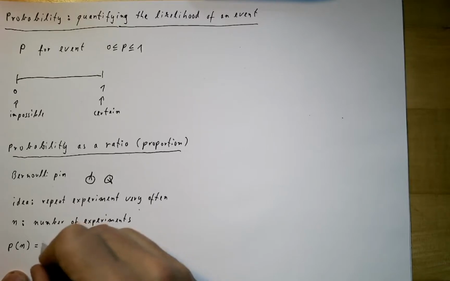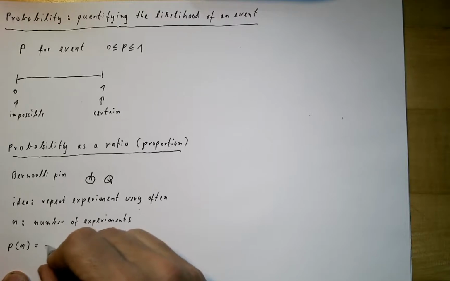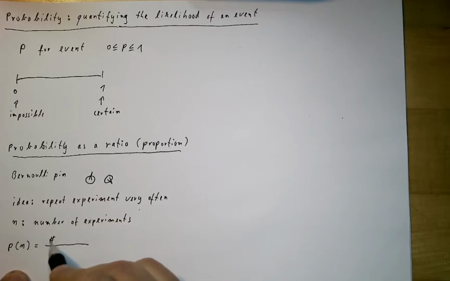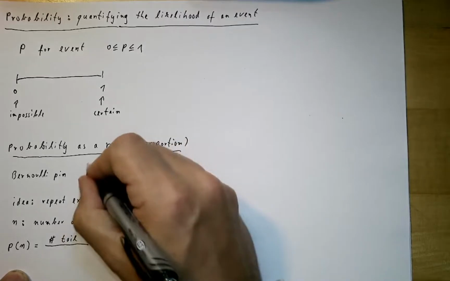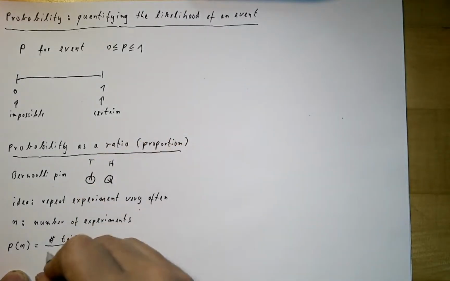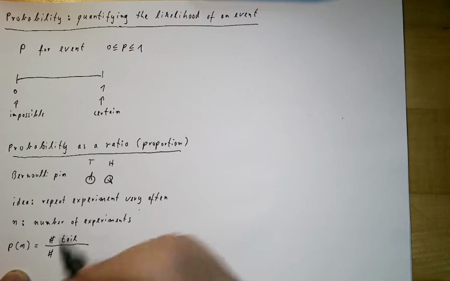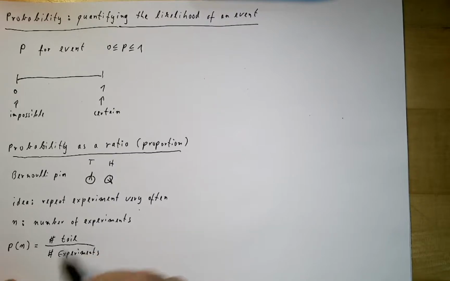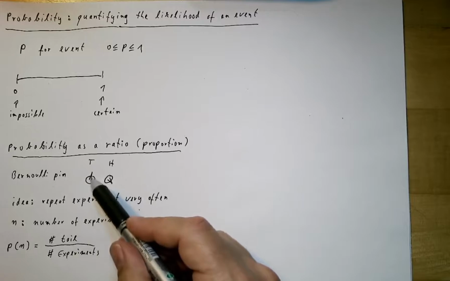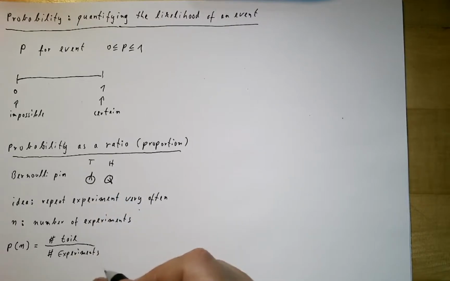We define this as a ratio of the number of these experiments where we found a tail, if we call this tail and this head, and this is the number of experiments. So this will be n. So it's the ratio how often we found one of our outcomes in the number of experiments.